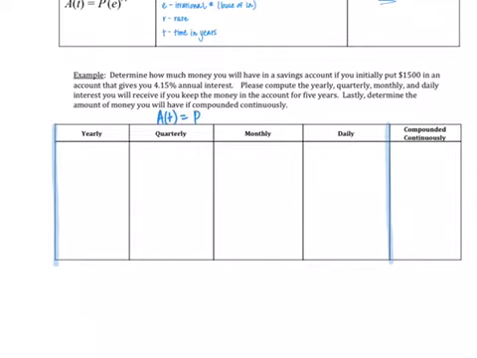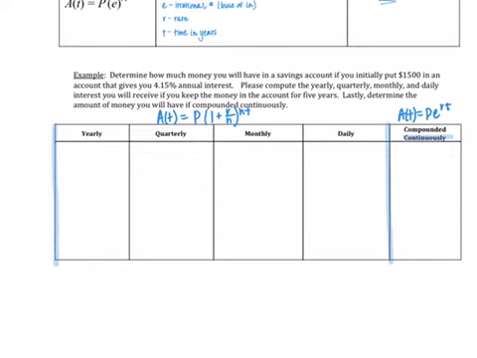It is going to be the initial amount times 1 plus r divided by n raised to the nt. Then over here, this one's different. It's going to be that A of t equals P e to the rt. And that's because it says compounded continuously here versus yearly, quarterly, monthly, daily.